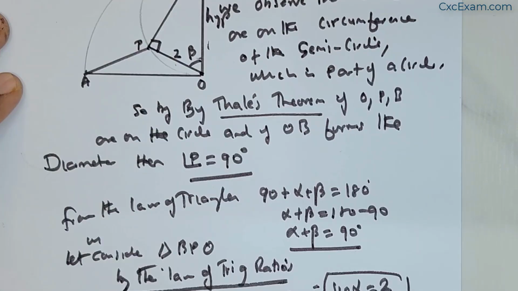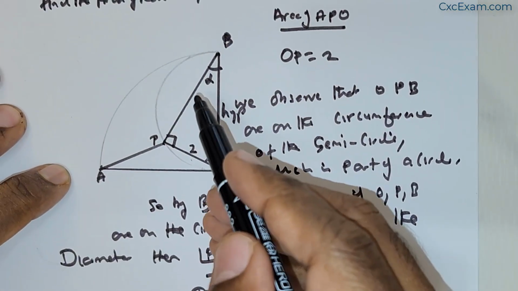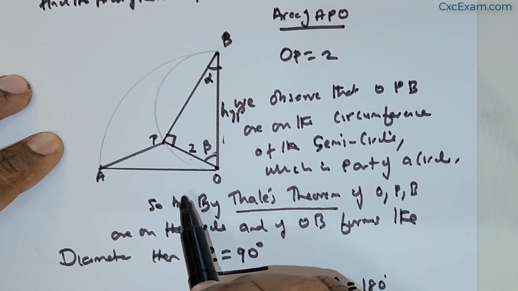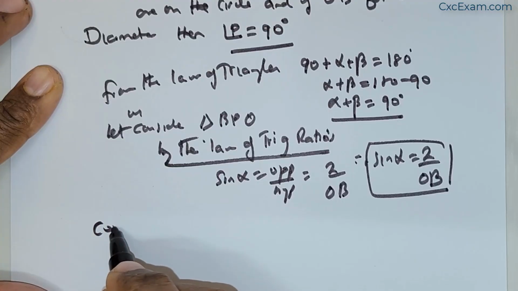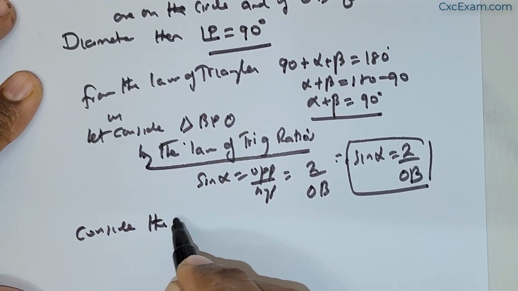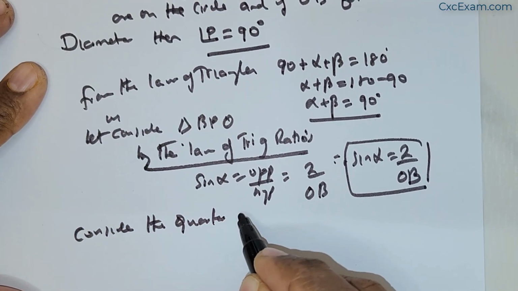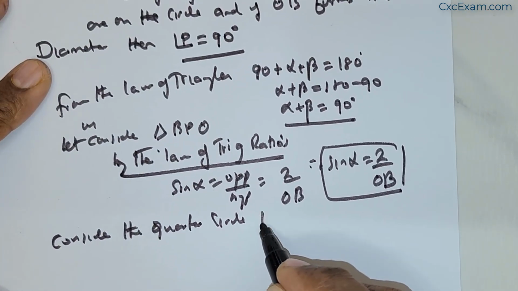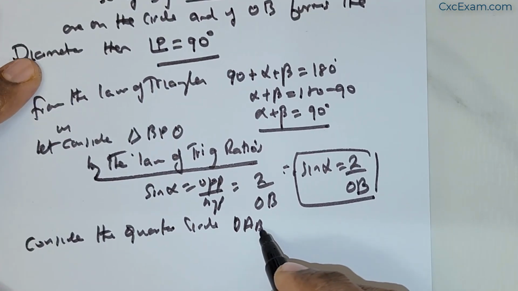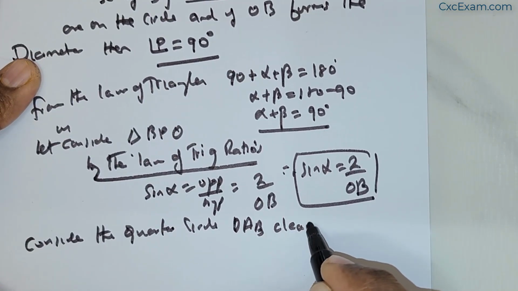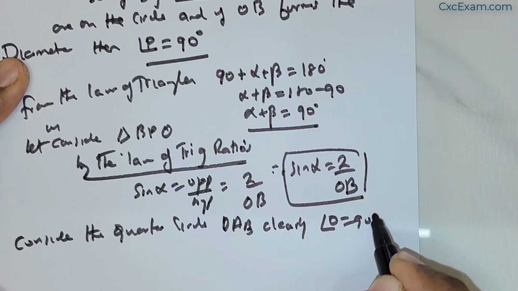Okay, now consider this quarter circle. So what is the quarter circle? Quarter circle is OAB. So clearly the angle at O is 90 degrees, is it not?